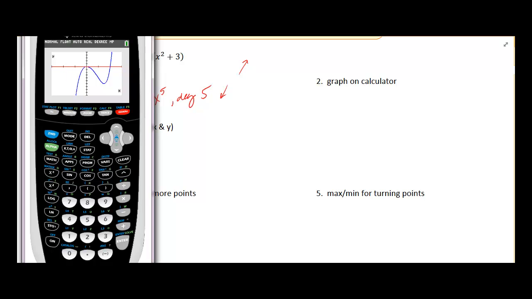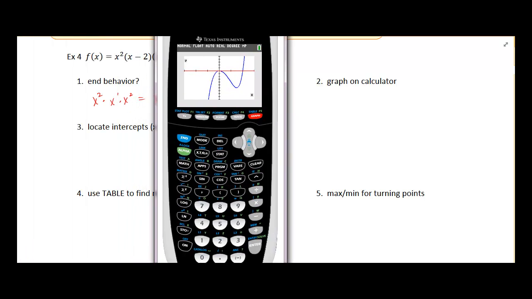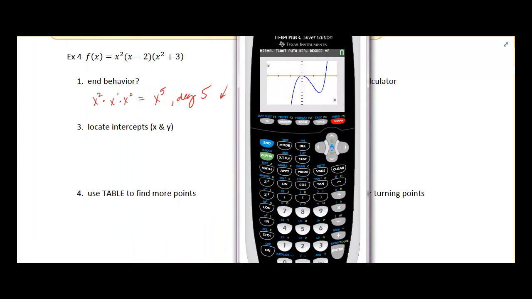Now the reason I want you to do that is because the next chore on my things to do for analyzing this is to locate both the x and the y intercepts using the graphing calculator. There are several different ways you can do this, but I tend to use the y equals 0 line as an intersection between these two functions, my blue and my red lines.